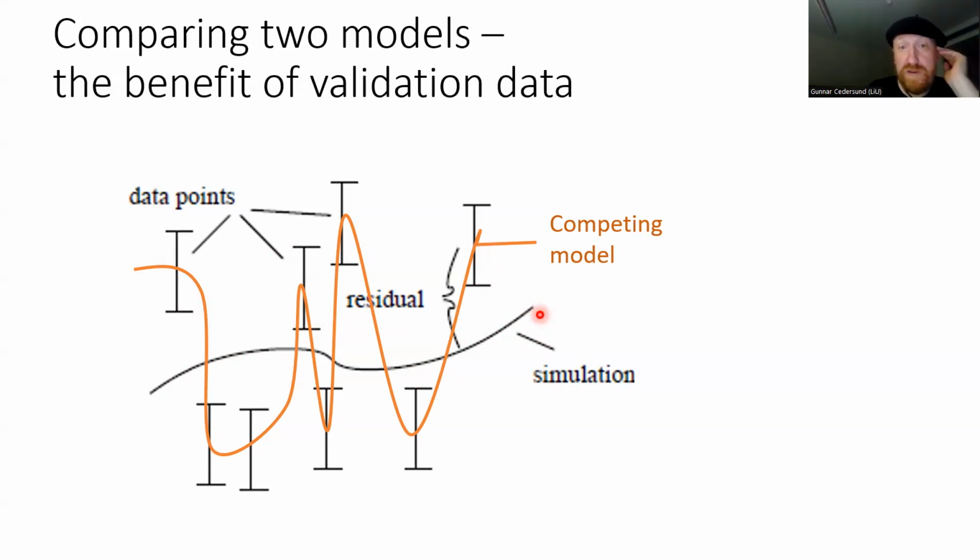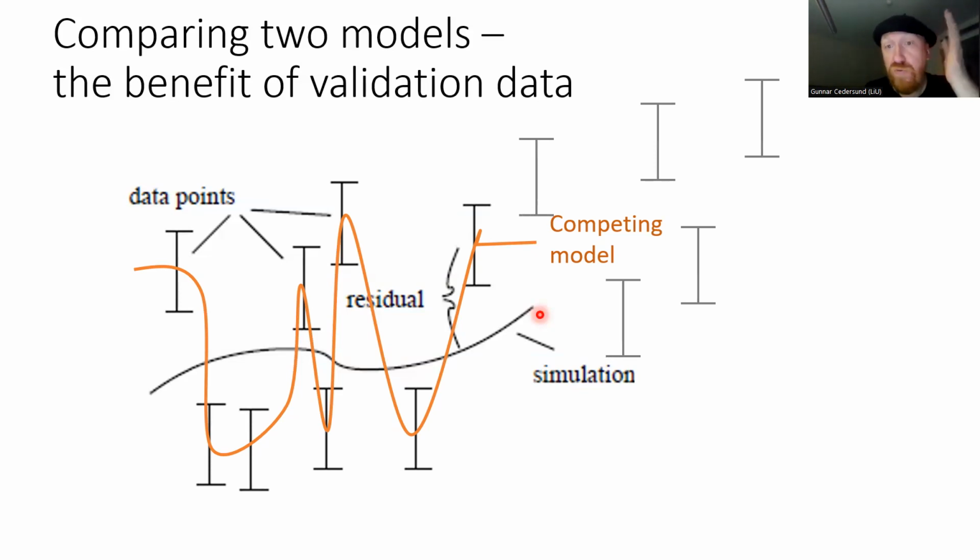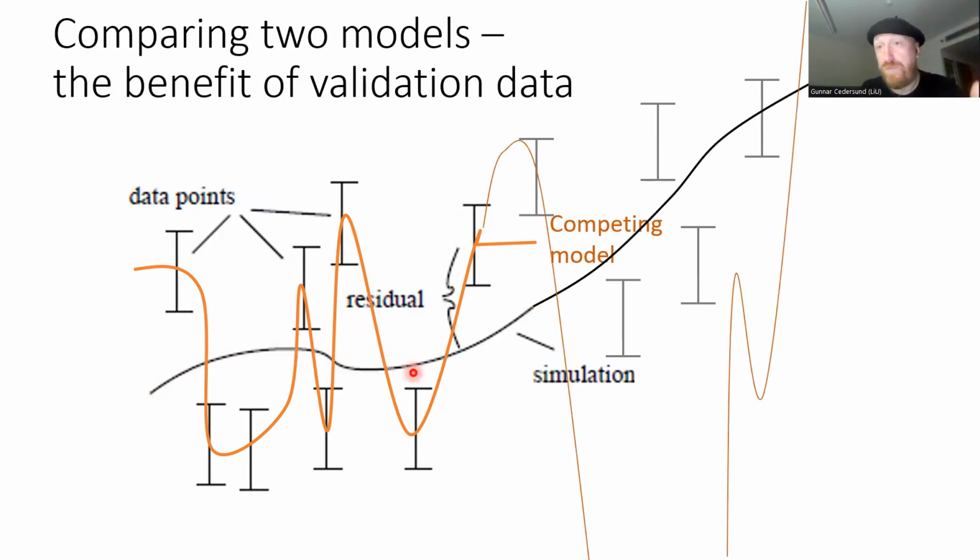However, this is a clear example of overfitting, where new validation data would be predicted not perfectly by the black model, but it would be about as good as it is at agreeing with the training data here. Whereas the orange one, because it's so overfitted, has fitted to all of this noise and all of these variations that probably are not really there in the data.